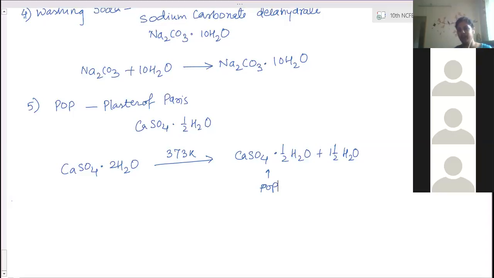Sodium carbonate decahydrate. These salts consist of water of crystallization. Is it clear? Yes, ma'am. Ma'am, only ferrous sulfate and copper sulfate have color, right? Yeah, others are white.